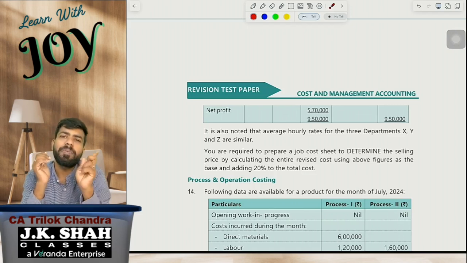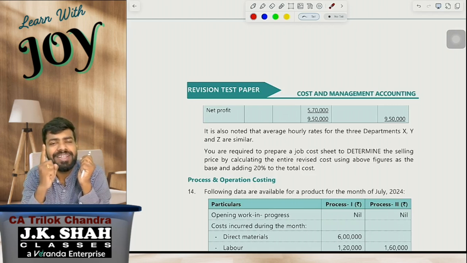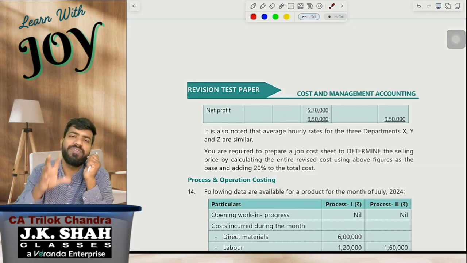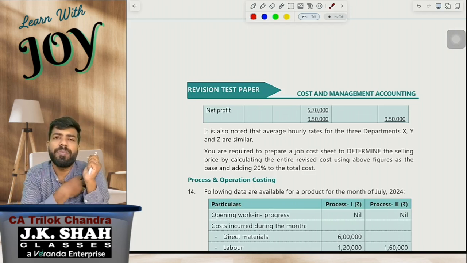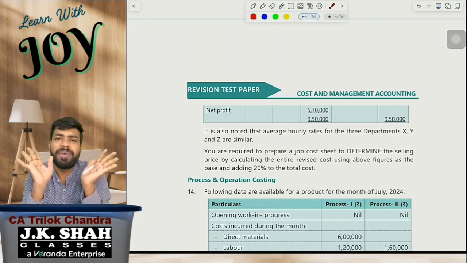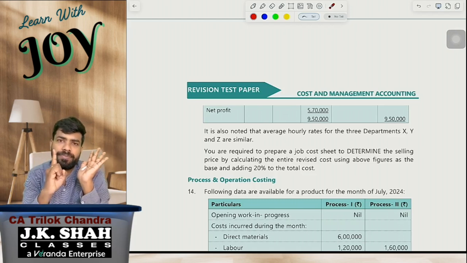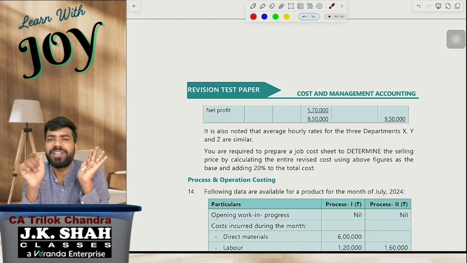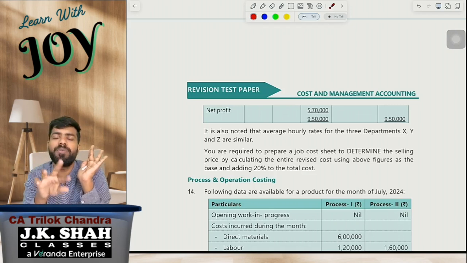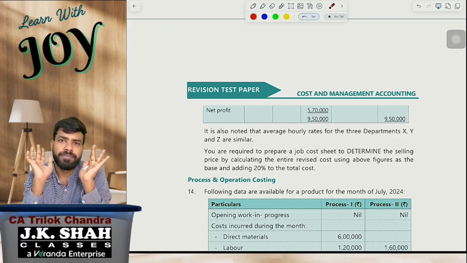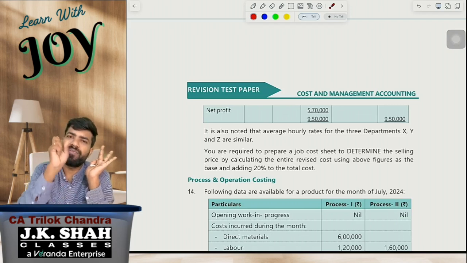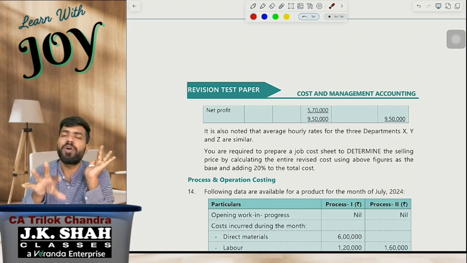But when it comes to job costing system, it is for one single job. We are going to prepare the cost sheet for the one single job. When we are preparing the cost sheet for the one single job, there will be no opening stock, closing stock information because we are doing it for one job. For the respective job, how much is the material, how much is the labor, how much is the overheads, how much is the profit expected. If you prepare a cost sheet for the one single job, that is called the job cost sheet.